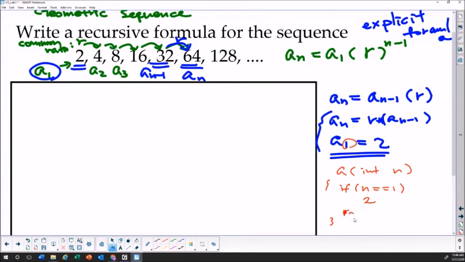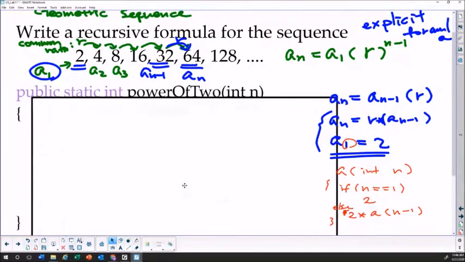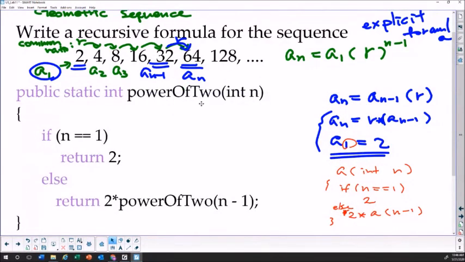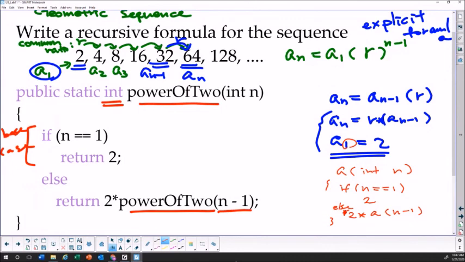So I'm going to just say return 2 times A passing n minus 1. This is the else case. If we name it, instead of A, like powerOf2, passing integer n, I said return, so it is a return type method, returning int. Then this is the base case: when n is 1, return 2. Then the else case: common ratio 2 times the same method name, powerOf2, passing n minus 1.